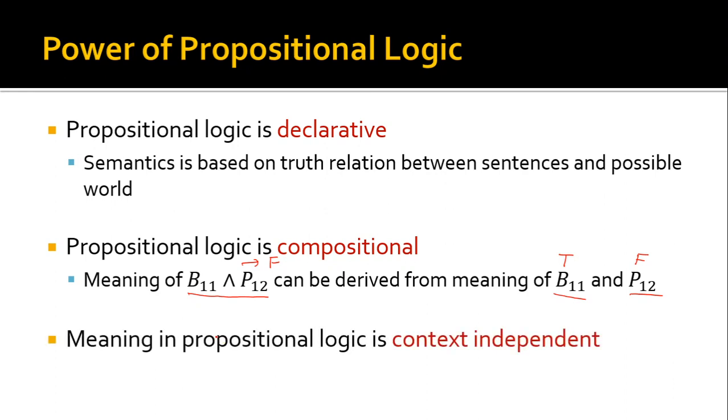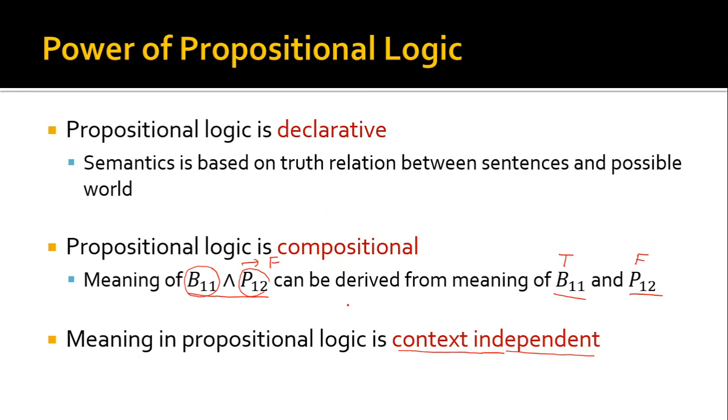The other very important feature of propositional logic is that the meaning, or the semantics, is context independent. This is very important. To illustrate this further, if you have B11 and, say, P12, the meaning of B11 will not depend on the meaning of P12.